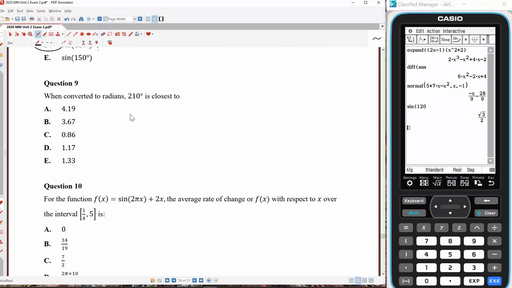So there's our answer. When converted to radians, 210 is closest to. Okay, so 210 is down here, so that is 3.1 roughly radians. So 210, I think it's going to be this one here. Well, let's just do it anyway. So we've got 210 multiplied by, what is it going to be? 180 on pi, pi on 180.